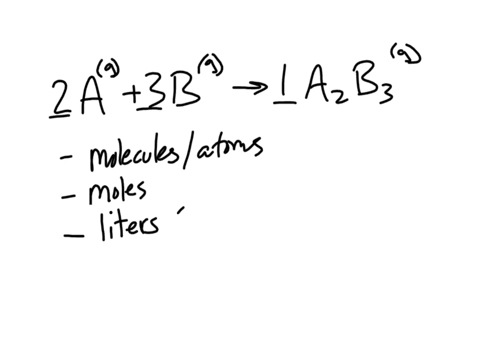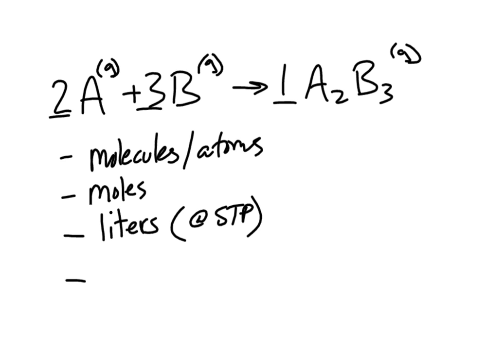Now, there is an important condition here. This must be at standard temperature and pressure. So, under standard temperature and pressure, I can use these coefficients as liters and not just moles or molecules or atoms. It's just an additional way to do it.